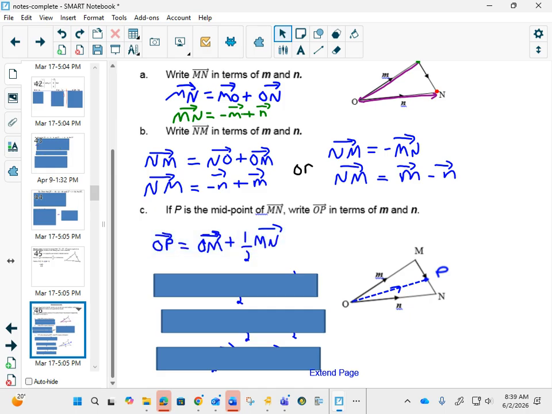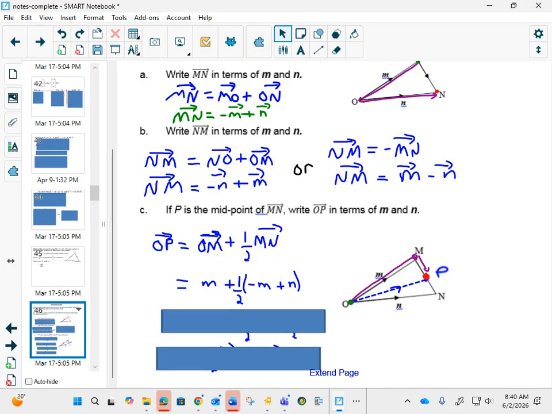Well, if you wanted to go from O to P, you could first go from O to M. So we're starting here, we're ending here, and we're saying I could get to this point, and then if I went halfway along M to N, I would get to P. Well, O to M is just vector M. And M to N, we figured out earlier, was just minus M plus N.